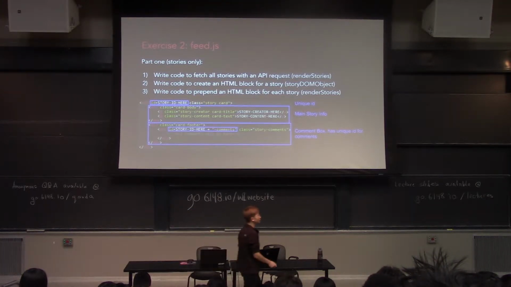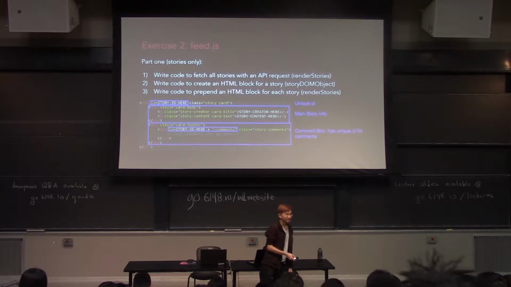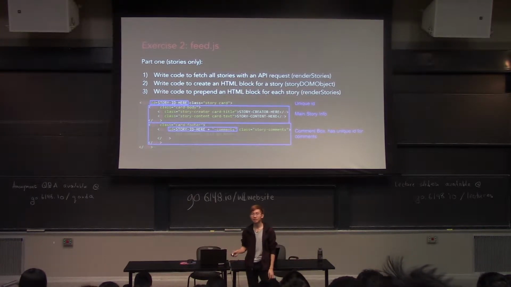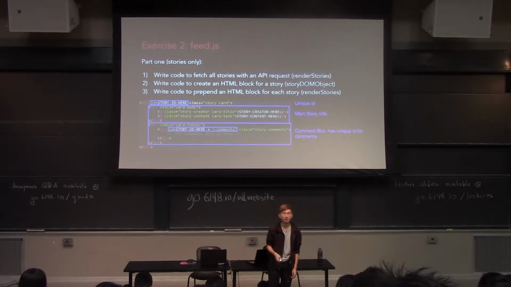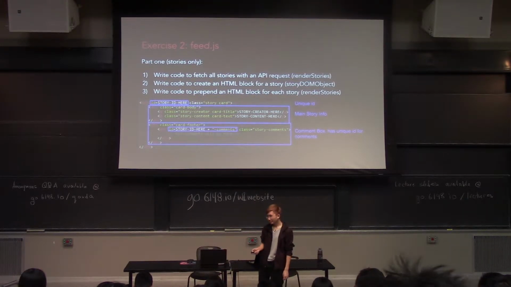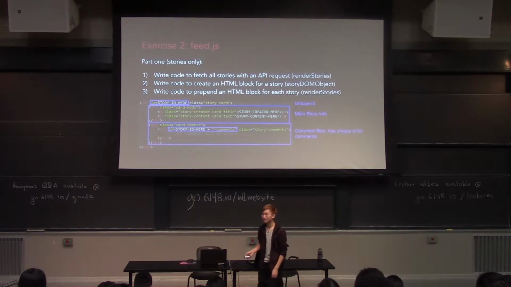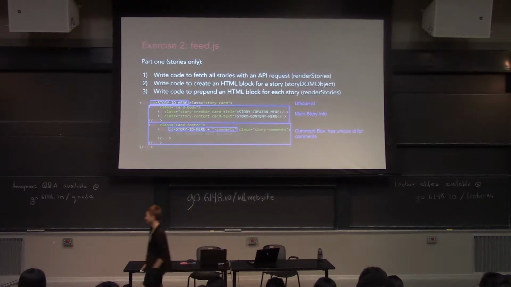I've also put in 2 comments that are the endpoints, and I've also put in a comment above story.object and above comment.object that gives an example of each of those objects. Yeah, cool. So let's just get started on this.